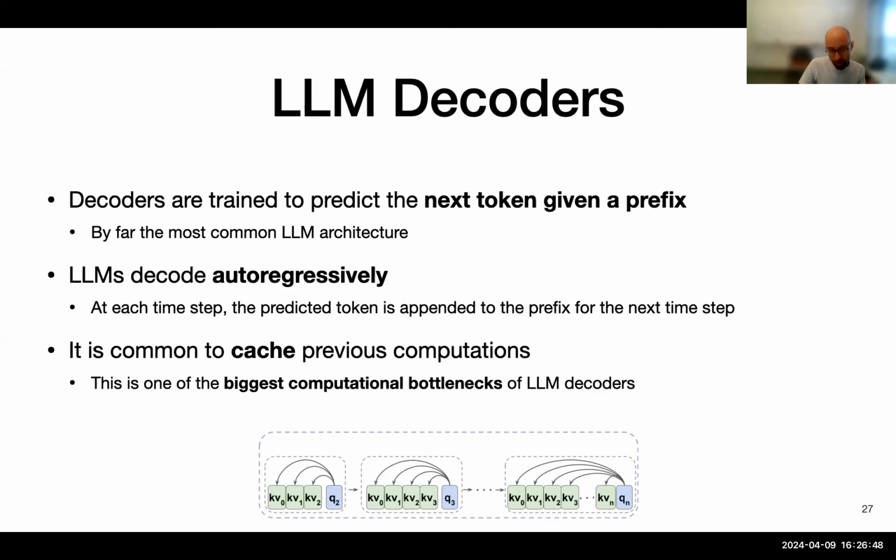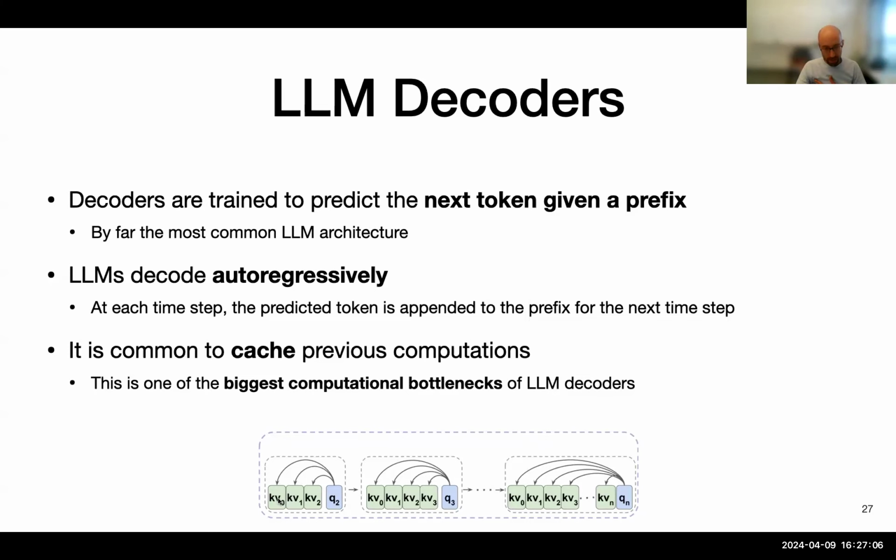And another final thing that is important to notice here is that one of the biggest computational bottlenecks of decoder transformer LLMs is that you need to cache all the representations of all the previous tokens that you attended to.